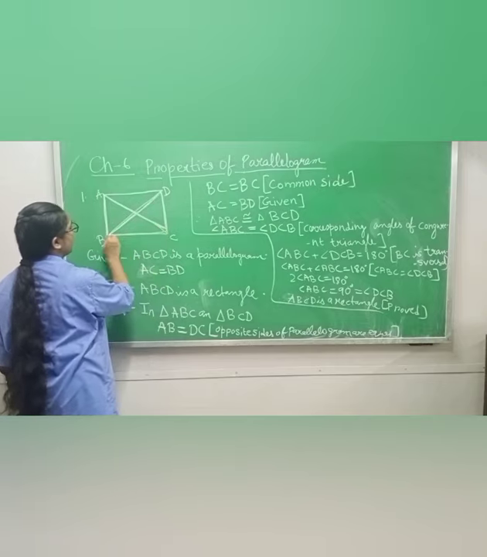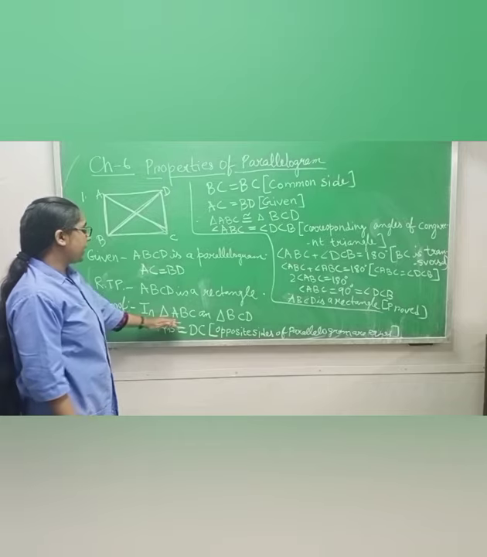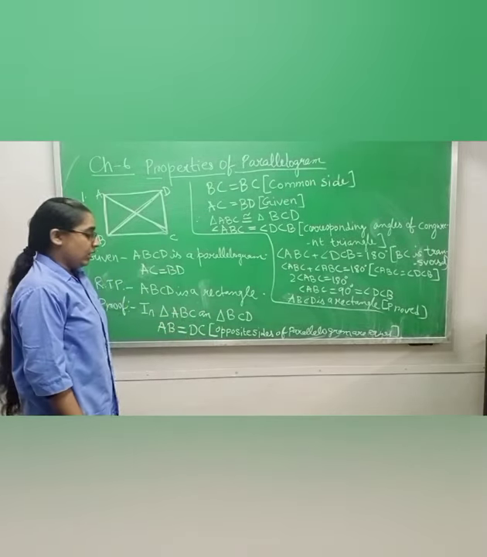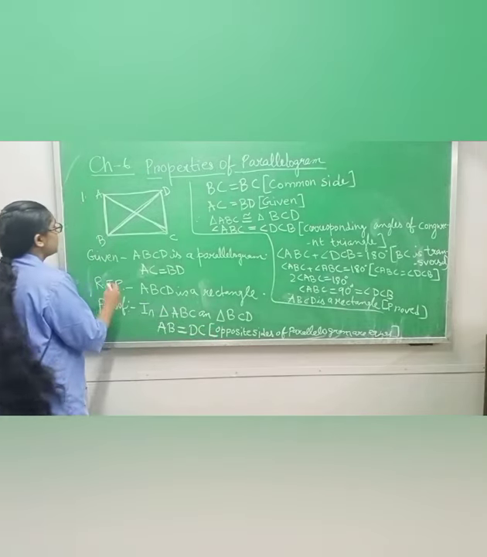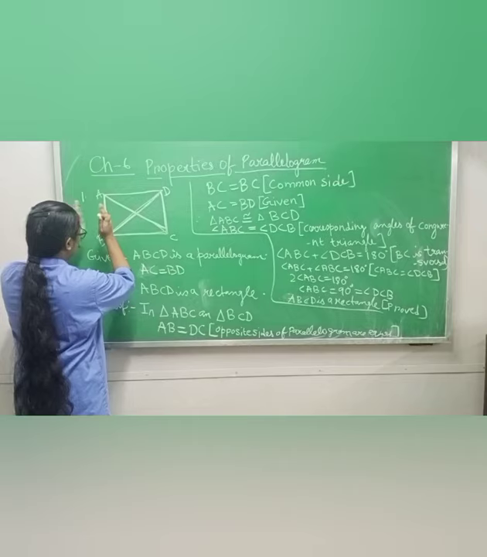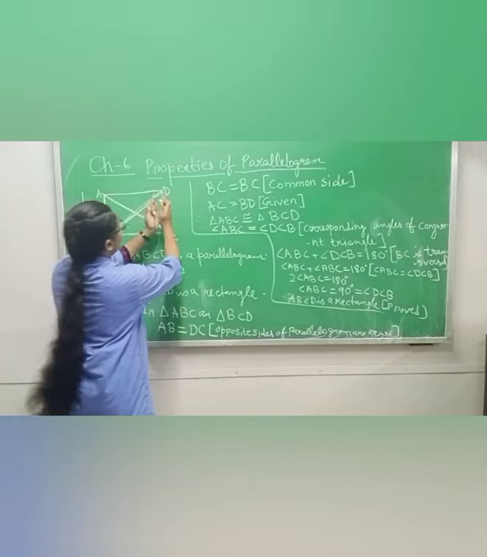So in triangle ABC and BCD, AB equals to DC, means in triangle ABC, AB, and in triangle BCD, DC.